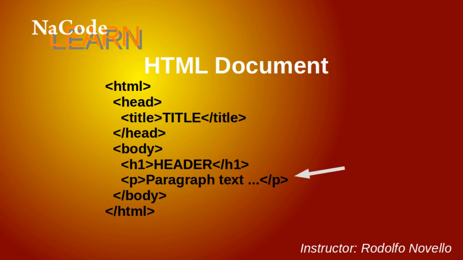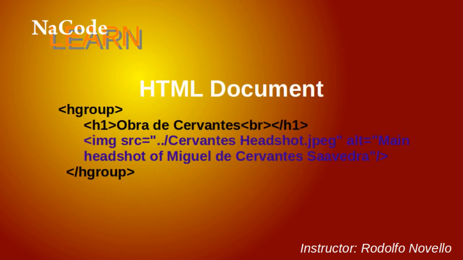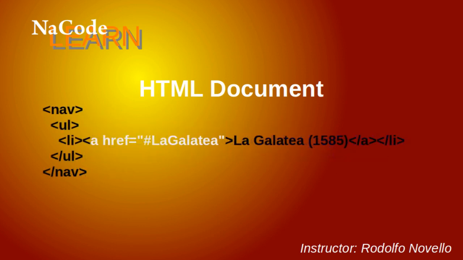We learned that tags must be nested, as in the Cervantes image, that, if you remember, is nested within the hgroup element. We also saw that elements can have attributes which control their behavior, as in the anchor tags in our navigation section, if you remember.